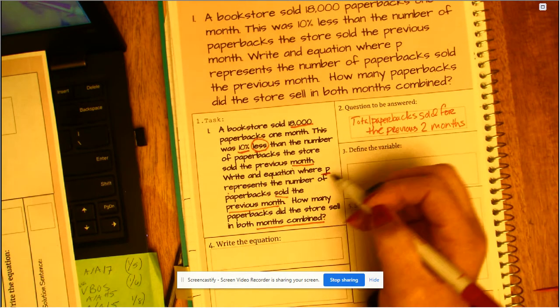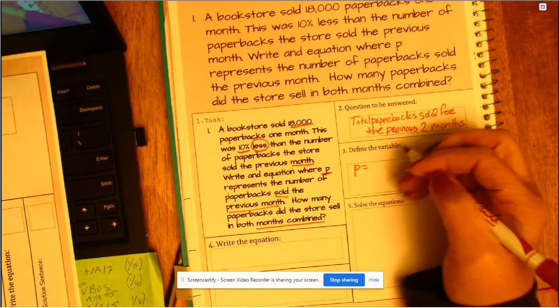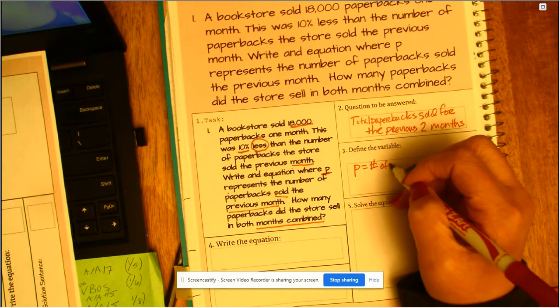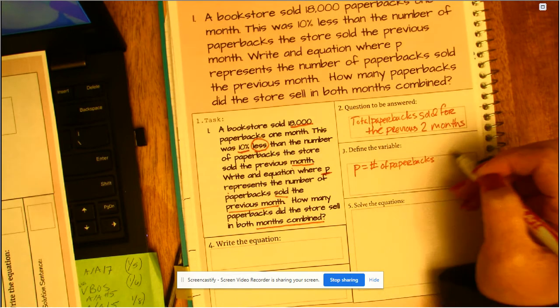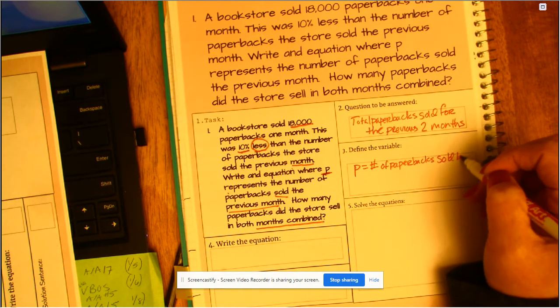We're going to define the variable. They actually did this for us. They told us P is going to equal the number of paperbacks sold last month, or the previous month.